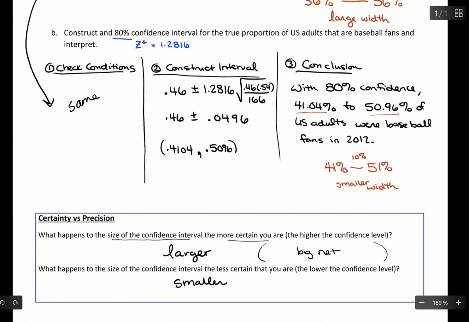However, if you're going fishing and you're not that enthusiastic about it, say you're going into it saying, you know what, I'm like 20% sure I'm going to catch a fish today, you'd probably go for a smaller net. You wouldn't need to go as far because you're less sure of catching the value. So that's how our confidence level can affect our intervals in terms of how far they're spanning on the number line.